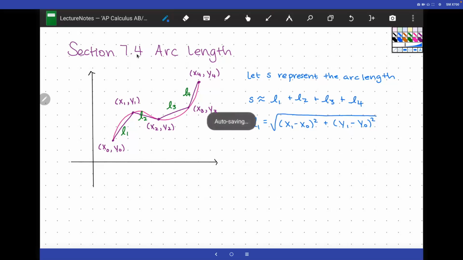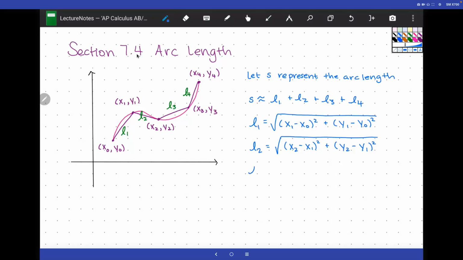And then L2 would be x2 minus x1 squared plus y2 minus y1 squared, all under a big old square root. And we can keep going, but I'm not going to. Let's generalize. But any questions so far?